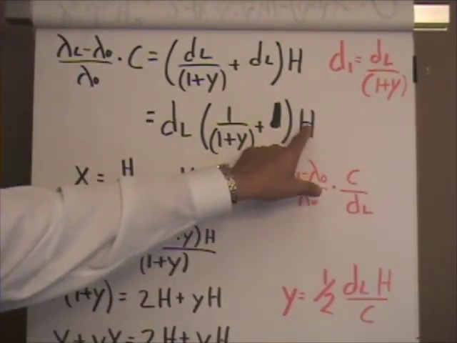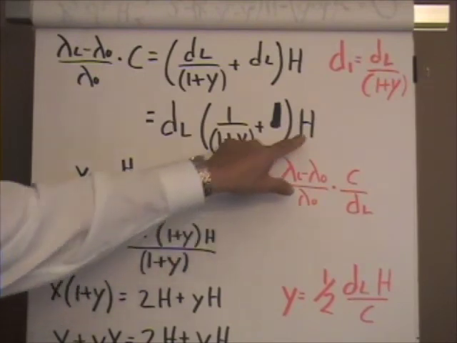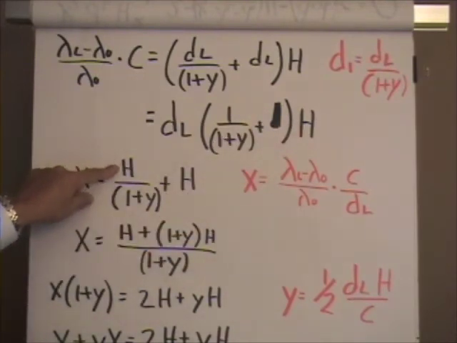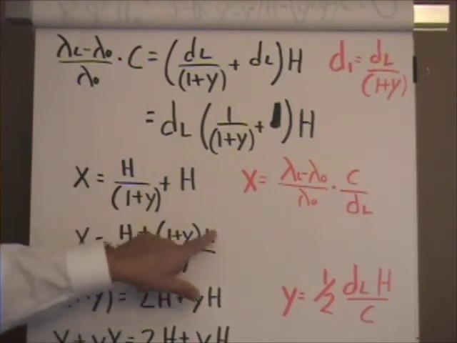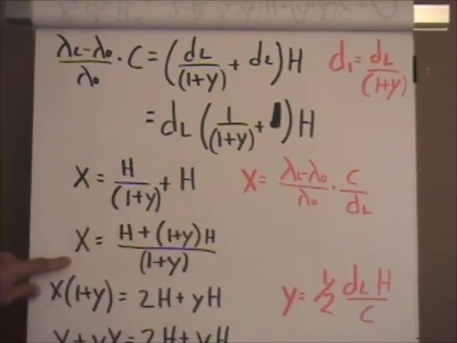We also expand this, multiplying by the H's, gives us that. Then we create a common denominator, 1 plus z, gives us this.